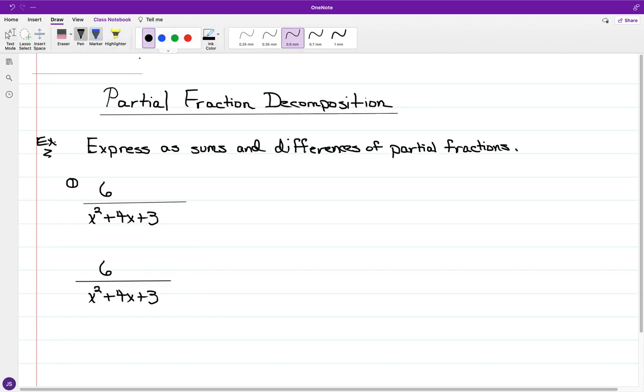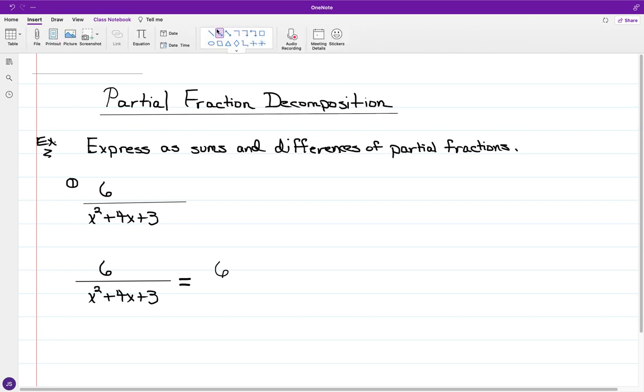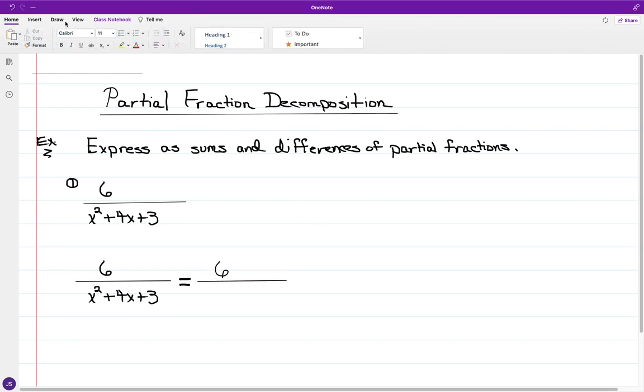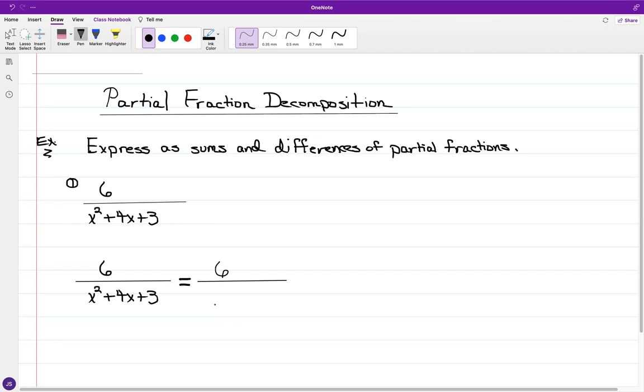And so looking at initiating the process, we have 6 over x squared plus 4x plus 3. If I write the trinomial in the denominator in its factored form, x squared plus 4x plus 3 will be factorable to x plus 3 times x plus 1.